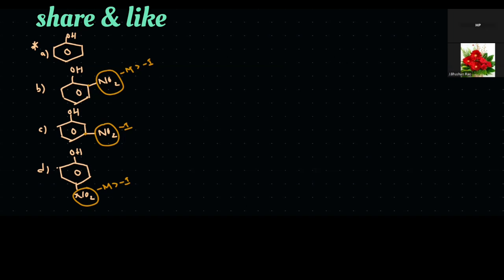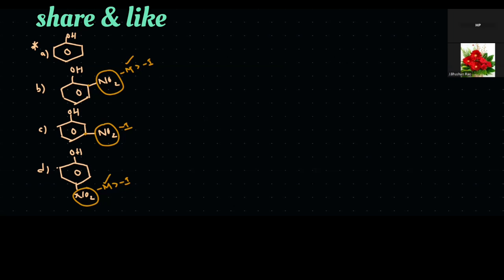Next, B and D. Which one is more stable? That we have to identify. So how to identify the acidic strength? In the phenol, the ortho position has one NO2 group, minus M. Here also minus M, the para position also has one minus M. So the mesomeric conditions are equal in both cases, B and D. Next, go through the inductive effect.